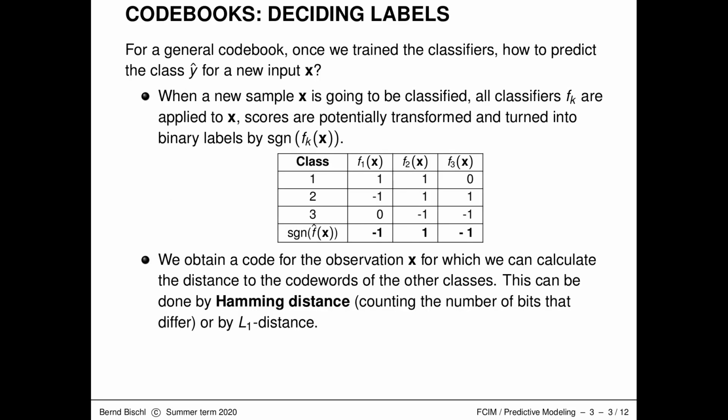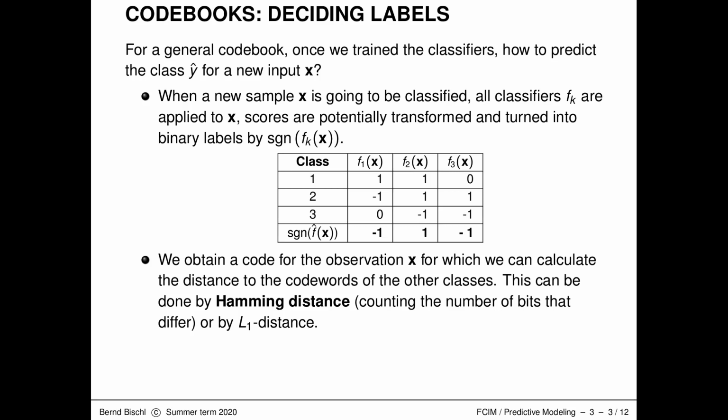So how would we in general decide which original class to predict from arbitrary code words? As I said, when a new sample X is going to be classified, we run all of our binary classifiers on that X, and we produce, I don't know, maybe scores or probabilities, or maybe direct hard labels.